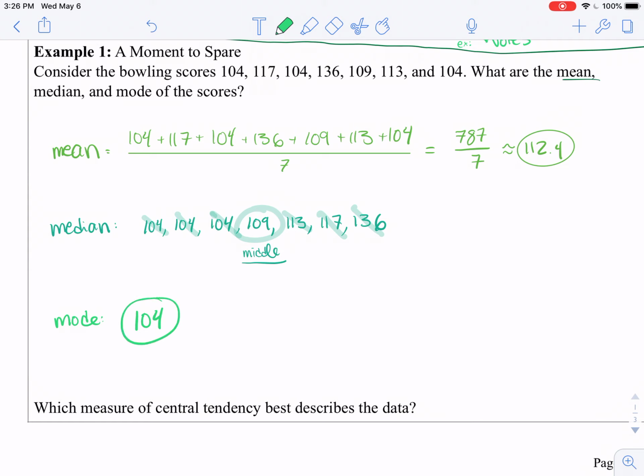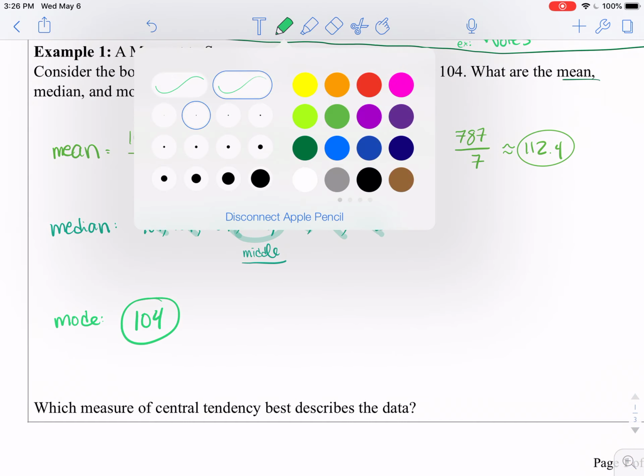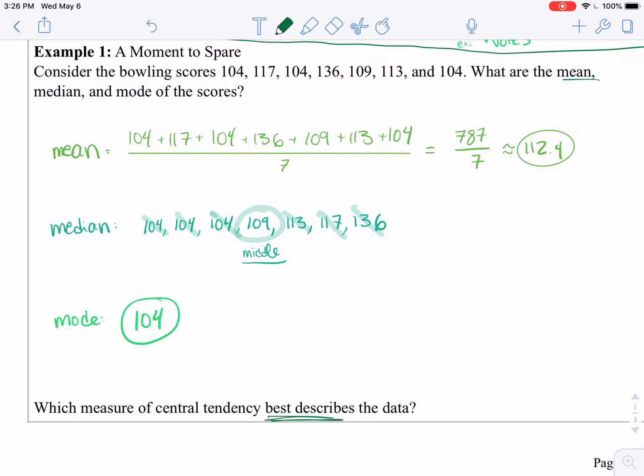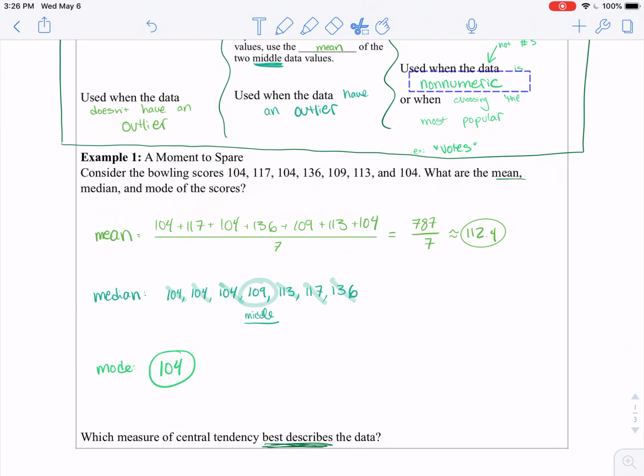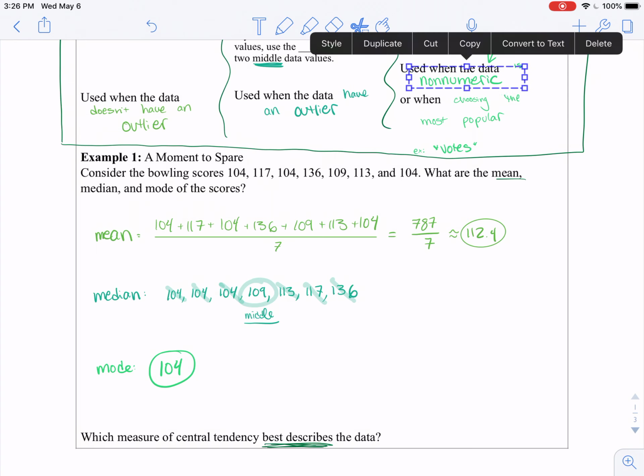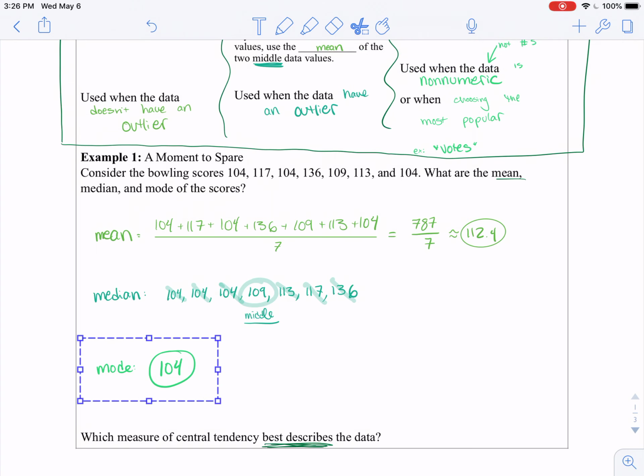Now we want to determine which measure of central tendency best describes our data. Which one is best? Now our mode, our most common score, that's not very important when we're talking about bowling. Also, mode is especially applicable when we don't have numbers, and we are dealing with numbers, so probably not mode.